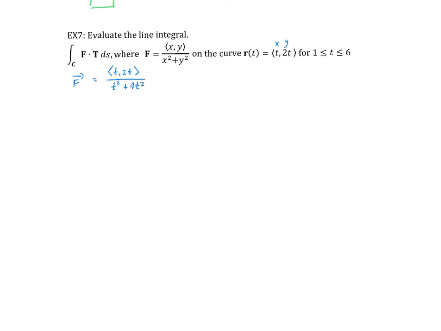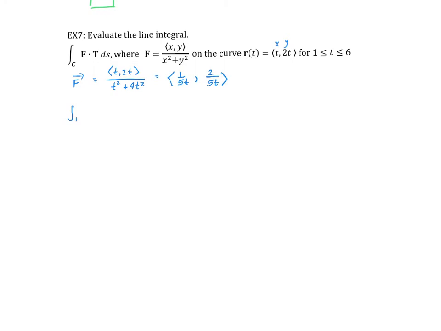So my denominator is 5t squared. And I can write this as 1 over 5t, 2 over 5t. I wanted to simplify that a little bit before I actually put it in my integral.